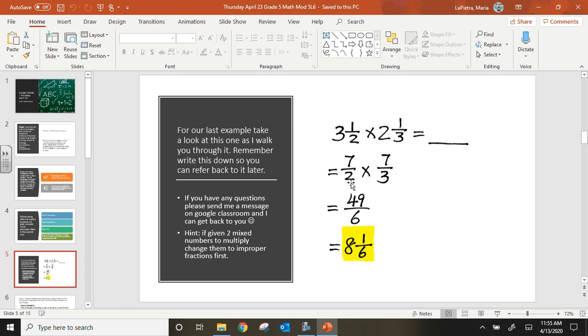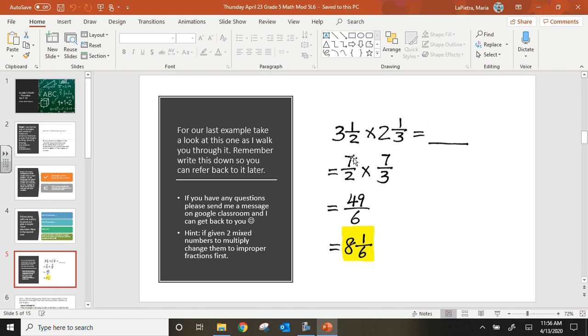How did I get that? Did you forget how to do that? Let's review. 3 times 2 is 6, plus 1 gives you 7. We always put it over the same denominator, which is 2. 2 1/3: 2 times 3 is 6, plus 1 gives you 7 over the denominator, which is 3.